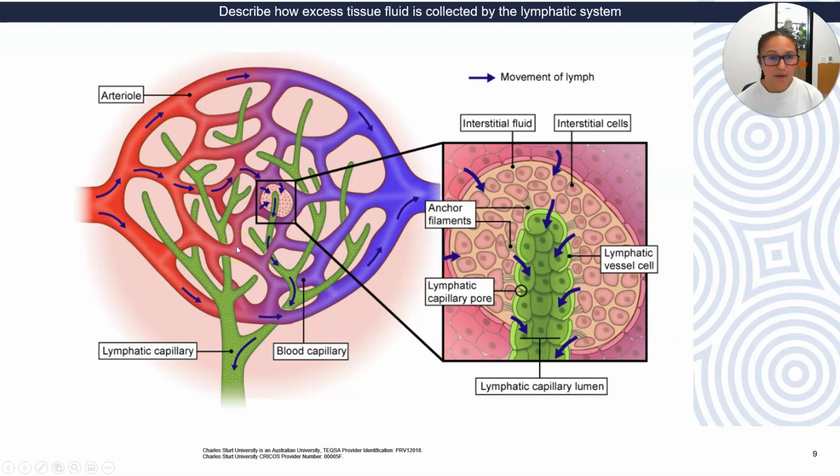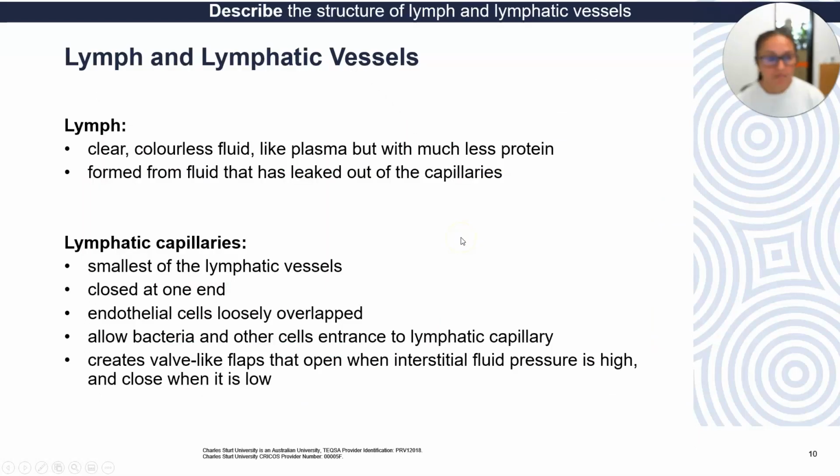Remember, the capillary bed is pretty much where we directly interface with cells. It's the business end. Can you see the lymphatic capillaries are in amongst that? Okay, so they pick up that excess fluid. So they work alongside the capillaries.